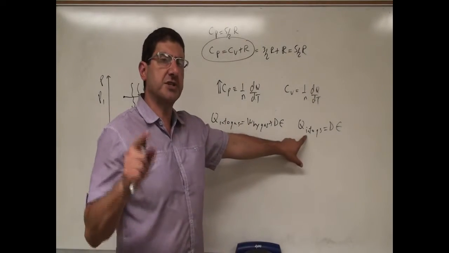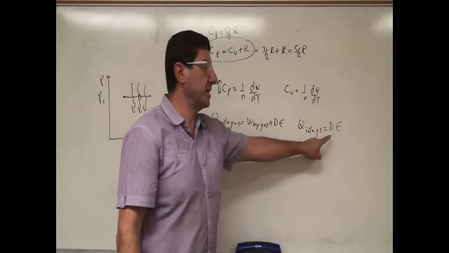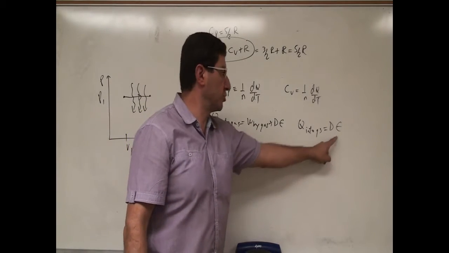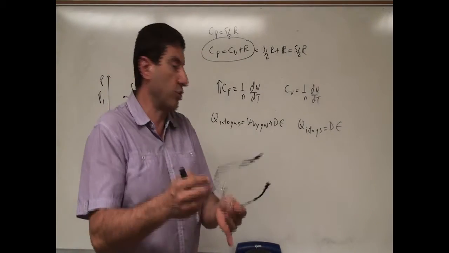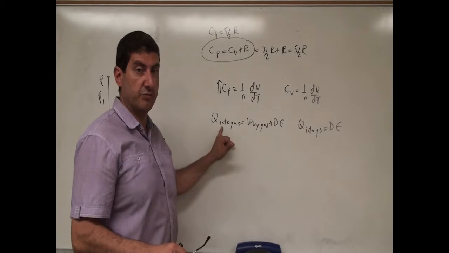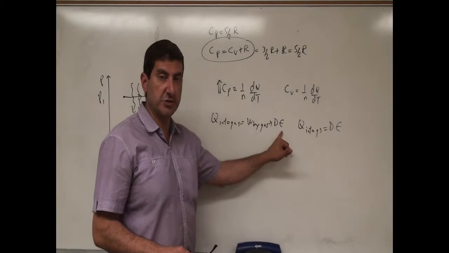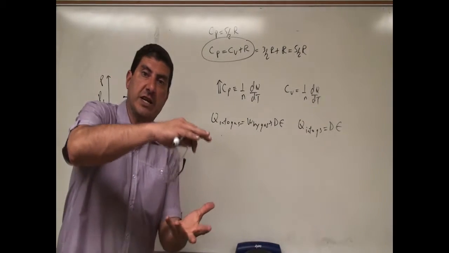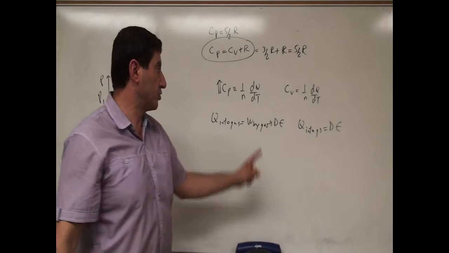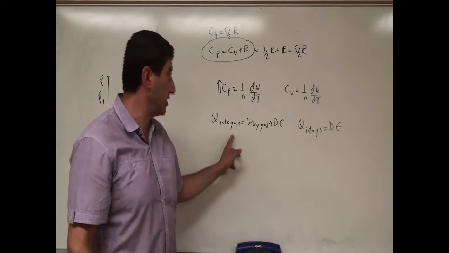So if we pour a certain amount of heat into the gas at constant volume, right, all of the heat that we put in goes into changing its internal energy, right? So the gas heats up more. In the case of constant pressure, the heat that we put in, some of it goes into changing its internal energy, some of it goes into the gas doing work. We're allowing the gas to expand and do work, right? So the temperature change of the gas in constant pressure is not as much, right?